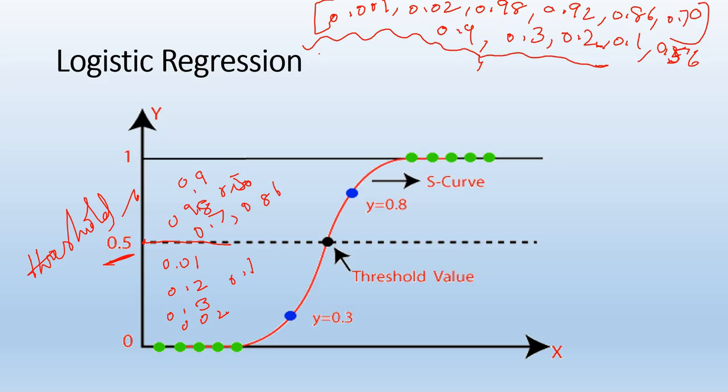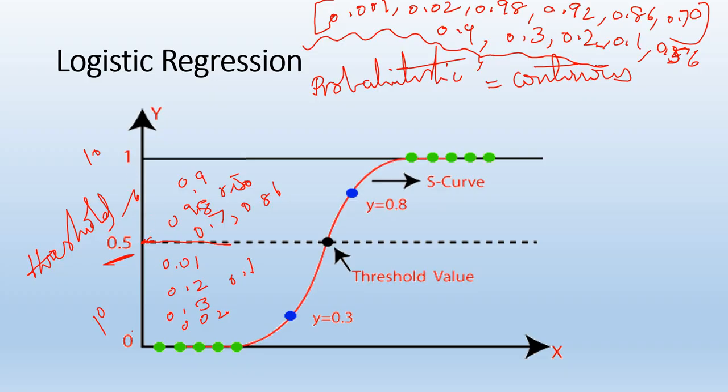So in this set, the logistic regression algorithm handles probabilistic values. These probabilistic values are nothing but continuous values. It takes the continuous values in an interval between 0 and 1, uses a threshold value, and keeps all the values between 0, 0.5 and 1.